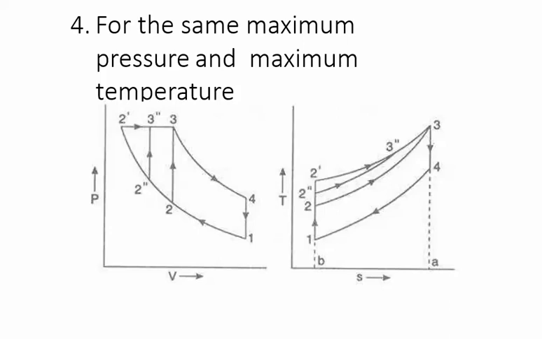The major difference is the time at which heat is added to the system, and the heat rejection is the same in the same process, that is 4 to 1. This is the similarity of the Otto cycle and the diesel cycle.